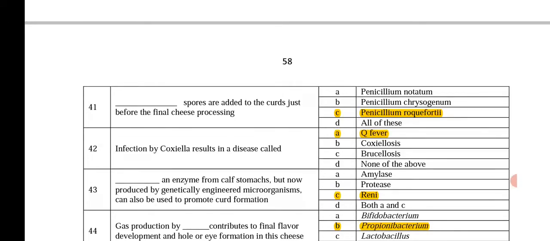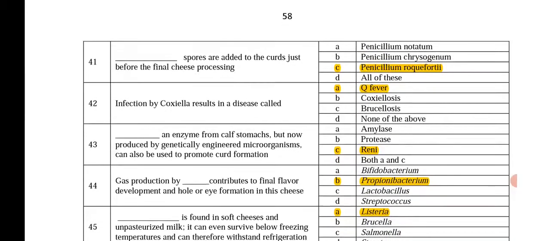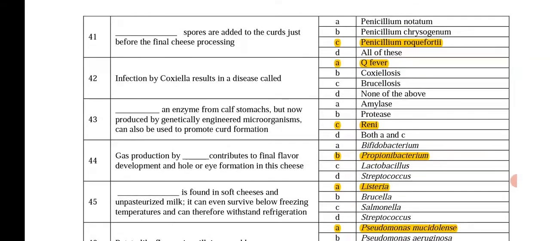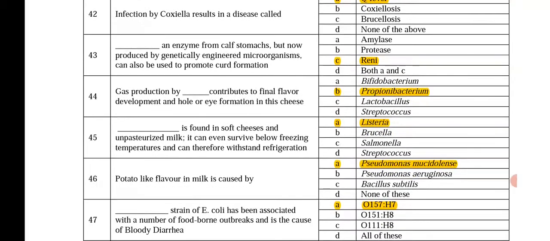Rennin, an enzyme from calf stomachs but now produced by genetically engineered microorganisms, can also be used to promote curd formation. Gas production by Propionibacterium contributes to final flavor development and hole or eye formation in the cheese. Listeria is found in soft cheeses and unpasteurized milk. It can even survive below freezing temperature and can therefore withstand refrigeration.